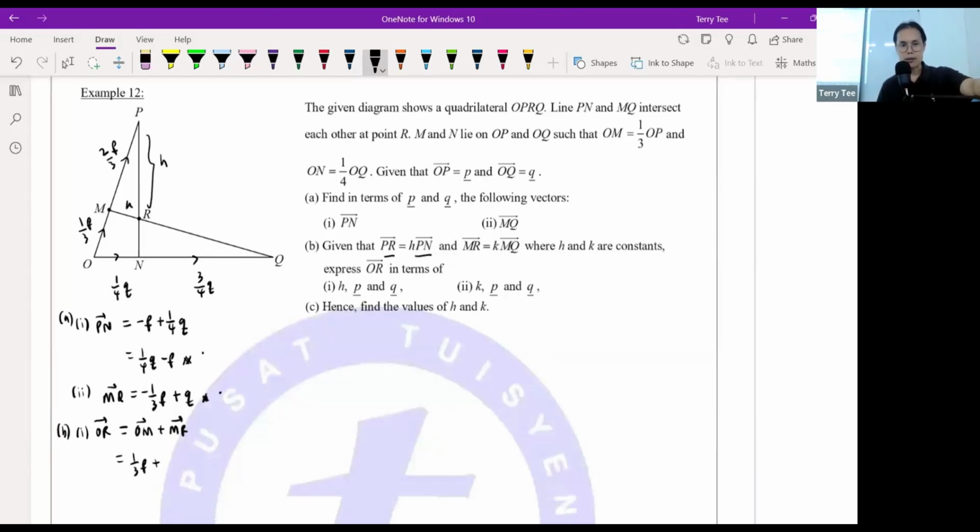M to R is k times of MQ. Just use the result, I know my MQ. My MQ is negative 1 over 3 b plus q. Let's expand the bracket. So my OR, I expand the bracket and I put my p together. So this is 1 over 3 minus 1 over 3 k b plus kq.